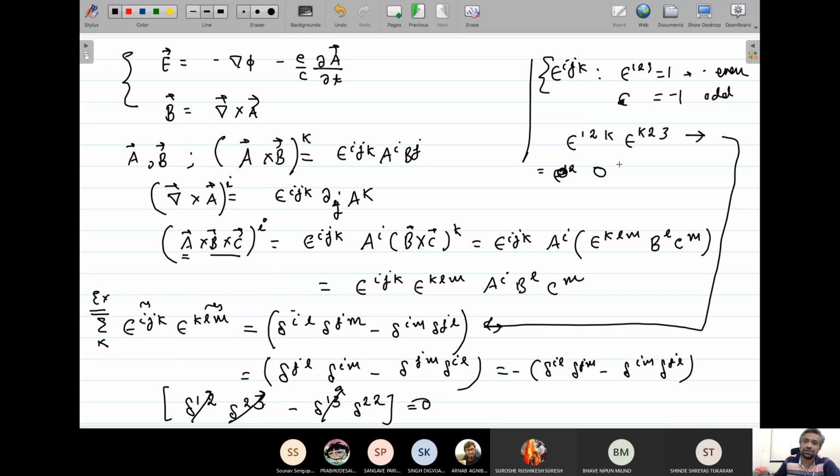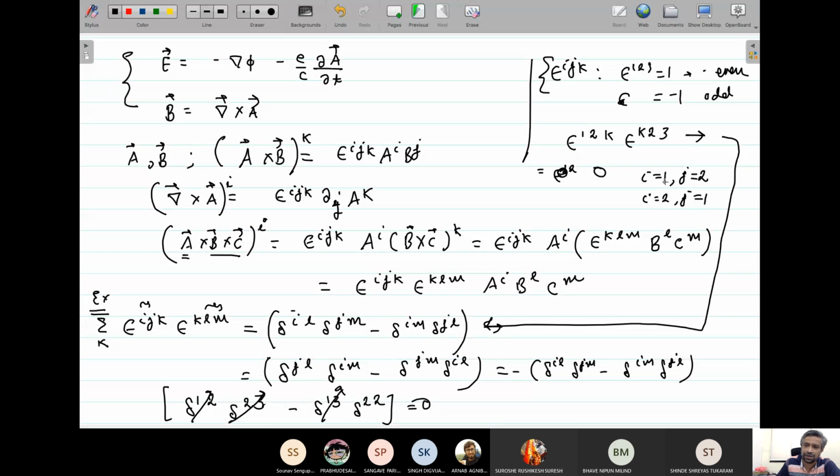Okay, and hence for all the values of I and j, so you take all the values of ij. All the values of ij means if I equal to 1, then j must be equal to 2. If I equal to 2, then j must be equal to 1.